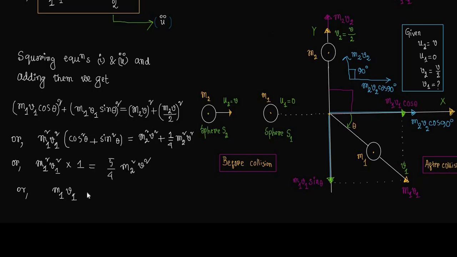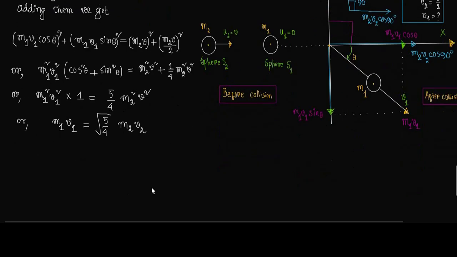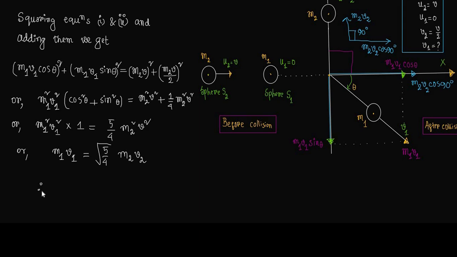Or, m1 v1 is equal to root over 5 by 4 m2 v.